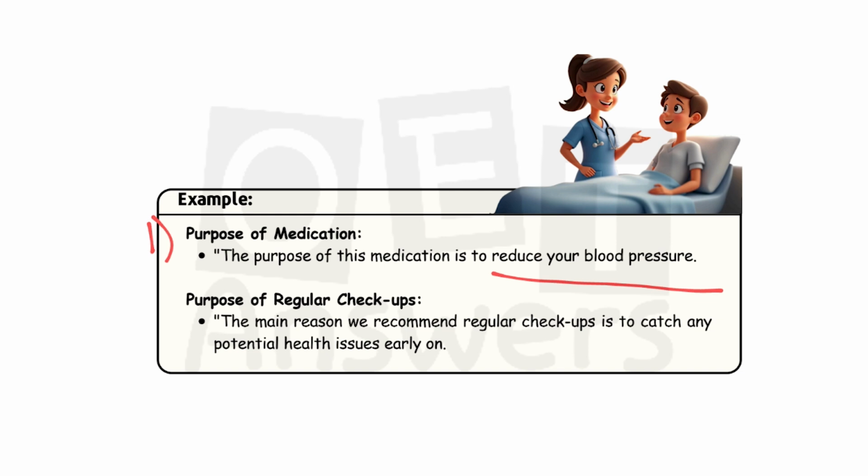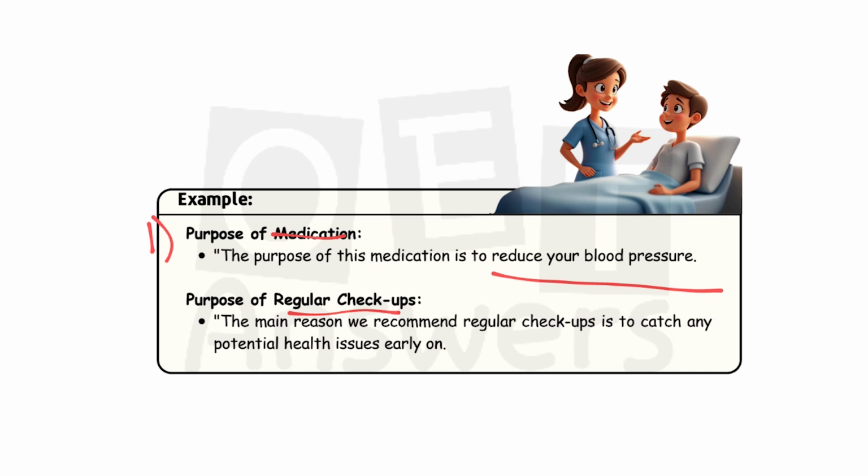Next, coming to the purpose of regular checkup. First one we saw was about medication. Next one we are seeing is the purpose of regular checkup. If the patient goes for regular checkups, what is the purpose? Definitely they can improve their health as well as intervene, meaning prevent things from happening.